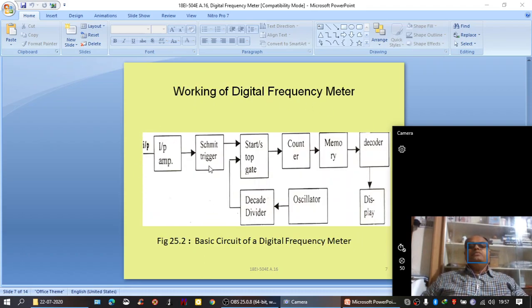Here is the basic block diagram of a digital frequency meter. The applied input signal is first amplified. Why? Amplification is necessary in order to produce a spike of substantial magnitude that can be identified or discovered by the counter.